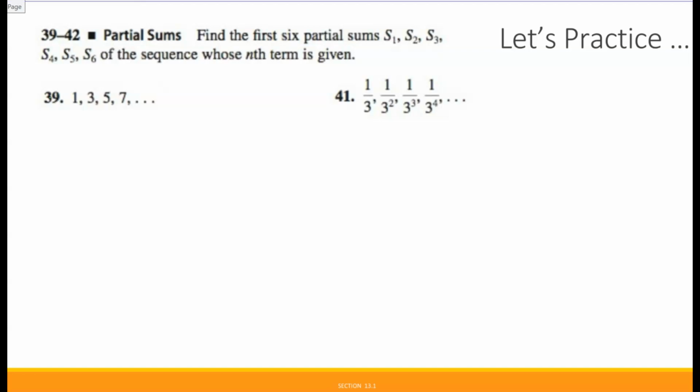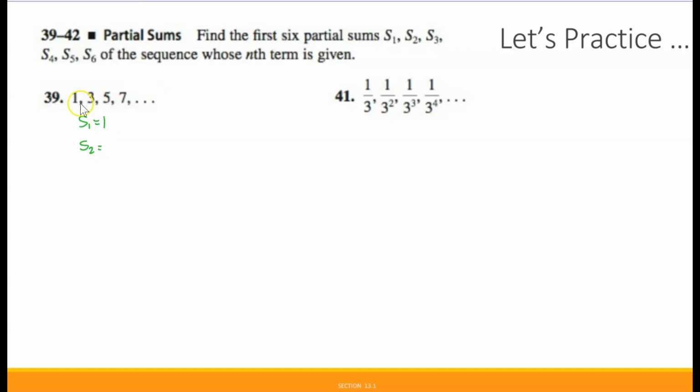Okay, so let's see how we can get partial sums. As we had said, S1 would be just adding up that first term, nothing to add, so we would just get 1.